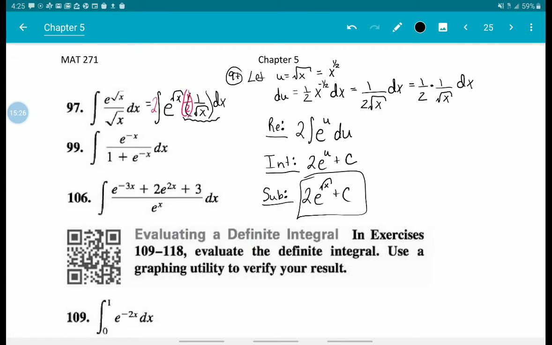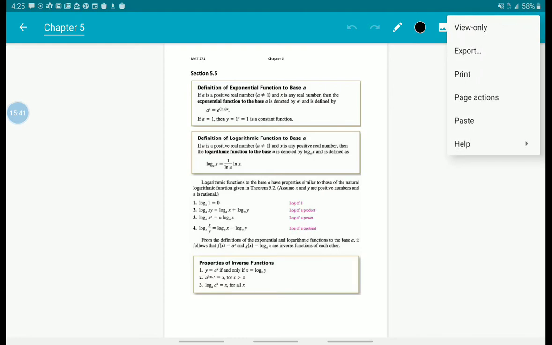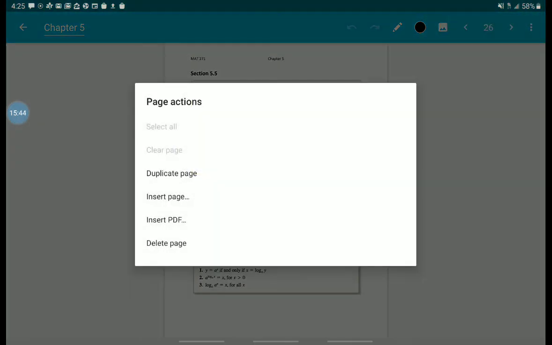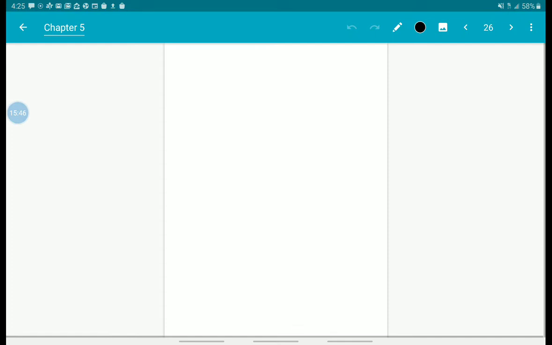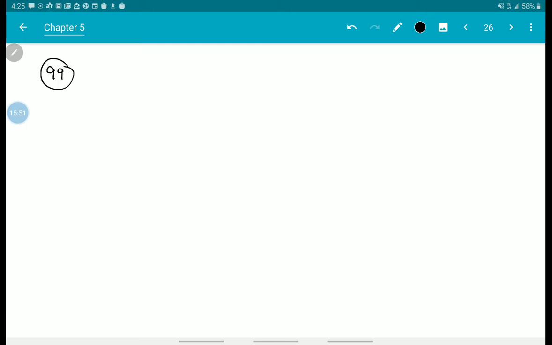Let's look at 99. We want to integrate e to the negative x over 1 plus e to the negative x dx.